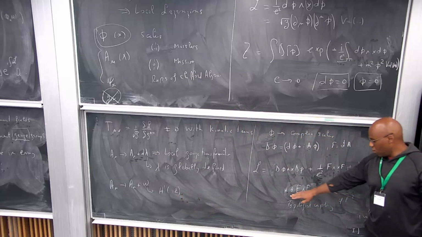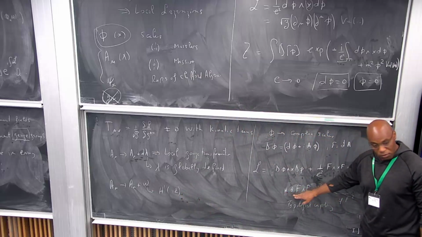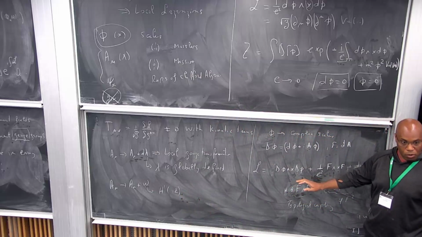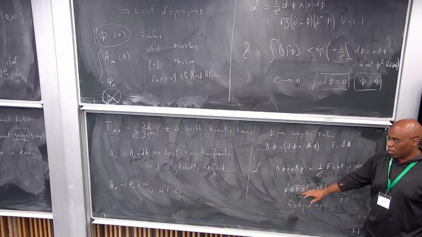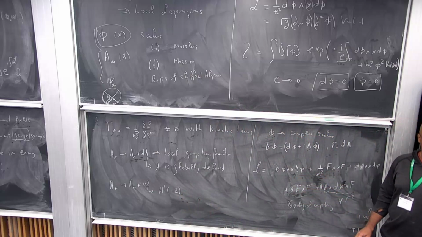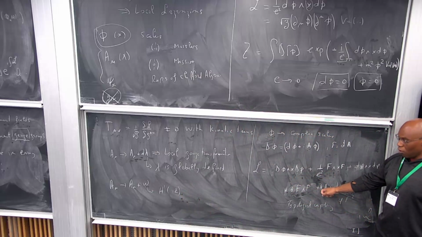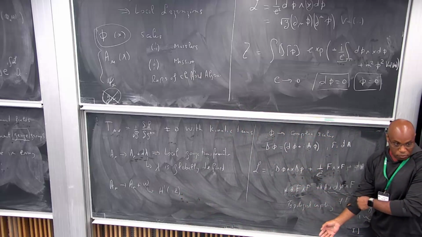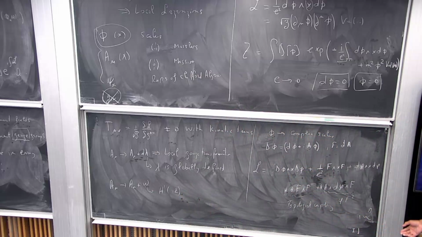This is related to the instanton number. That depends on whether I have a U(1) or R. This coefficient is also constrained depending on what my global structure is. Any questions?